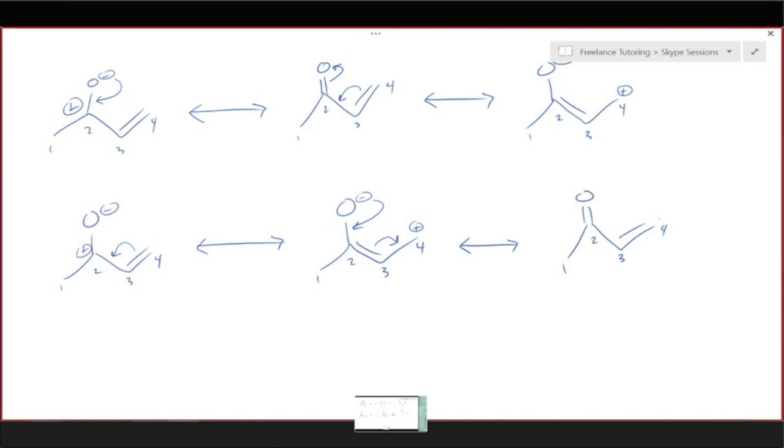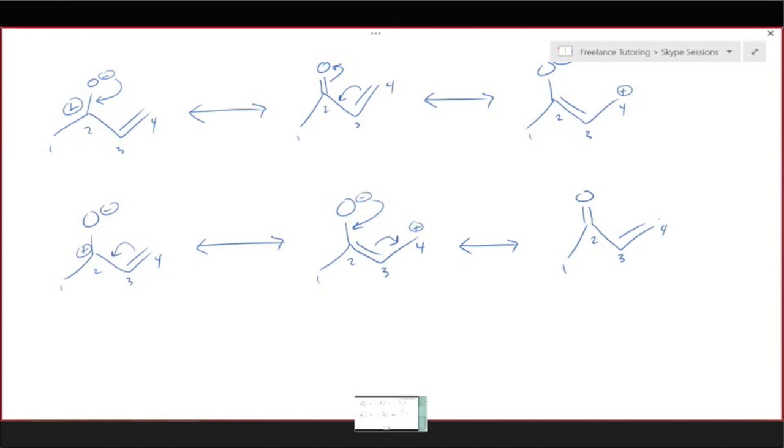And in another resonance structure, it has a positive charge as a carbocation, which is also electrophilic. Carbon 4 has a positive charge in one of the structures, which would be electrophilic. The oxygen has a negative charge in 2 of the structures, which is nucleophilic or basic.